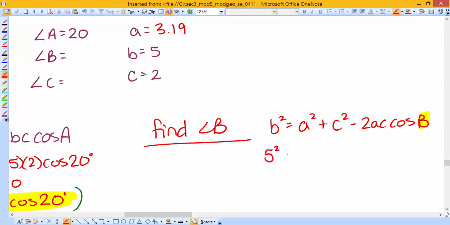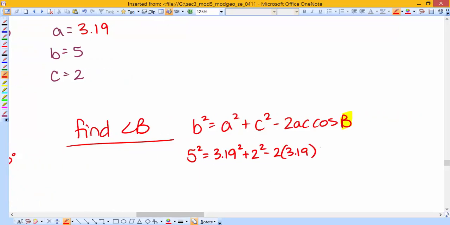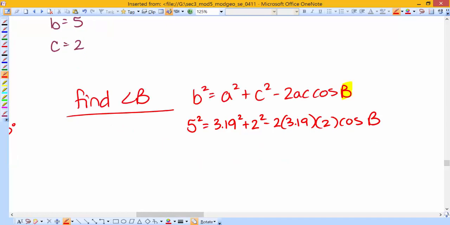So we're going to have 5 squared, 3.19 squared, 2 squared, and we're looking for B. So I'm going to go through, get rid of my squares, 25. Now in my calculator, I'm going to do all of this at once right there. 3.19 squared plus 2 squared.